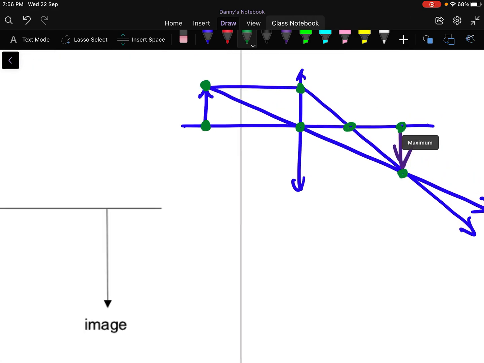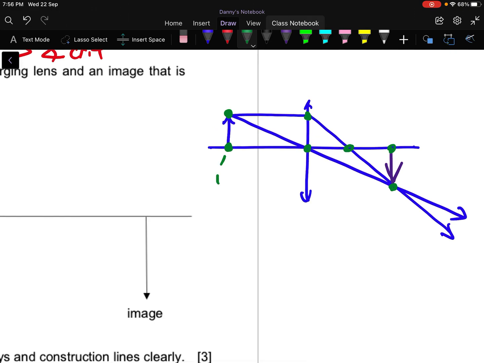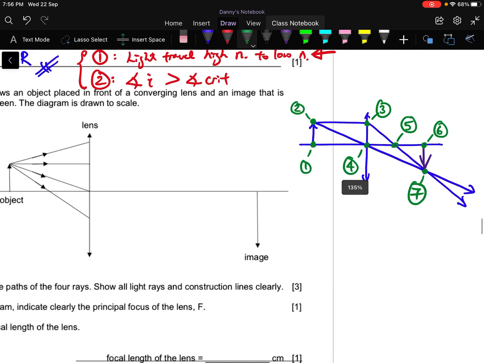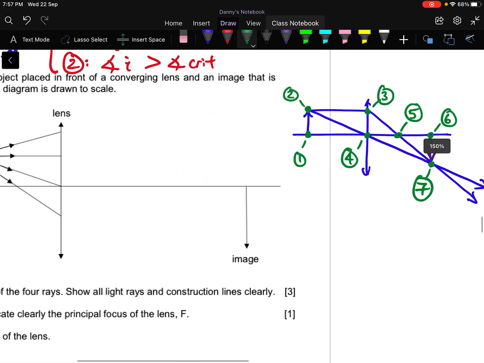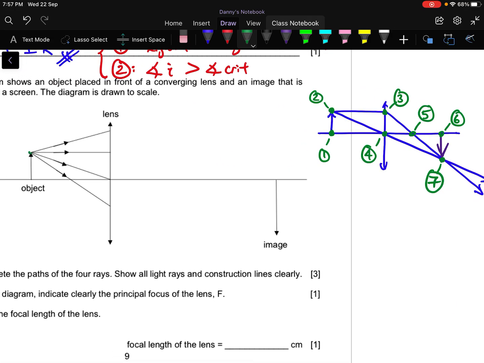So these are the dots that are useful to you. Label them 1, 2, 3, 4, 5, 6, 7. Once you label them, you compare what you have in mind, the default shape, with what the diagram offers you.